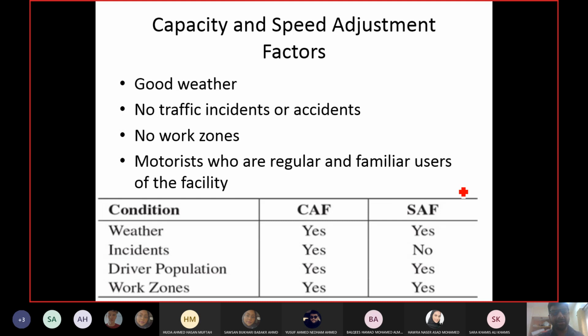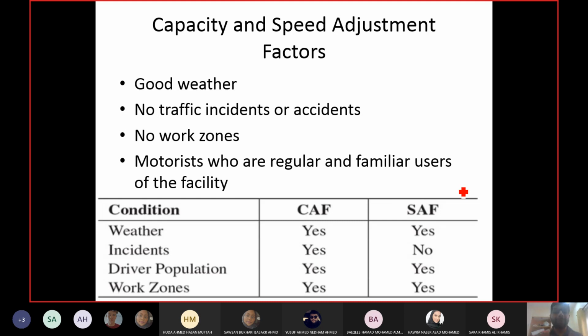Sorry, there is no adjustment factor for speed for incidents, but for work zone we have an adjustment factor for speed and for capacity. So for capacity, you can calculate 4 adjustment factors if none of the base conditions are met, and 3 adjustment factors for speed if none of the 3 base conditions are met. If any base condition is met, that adjustment factor will not be required.